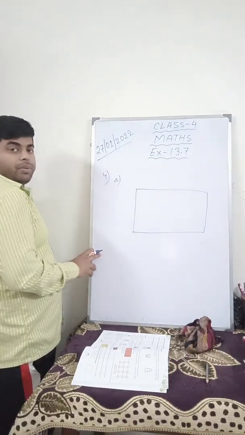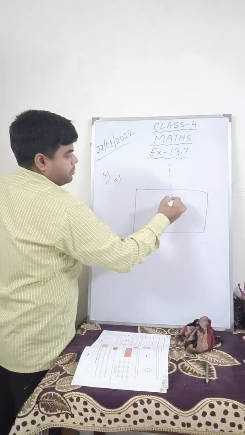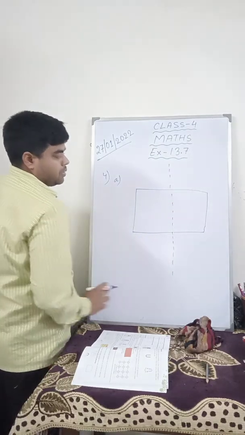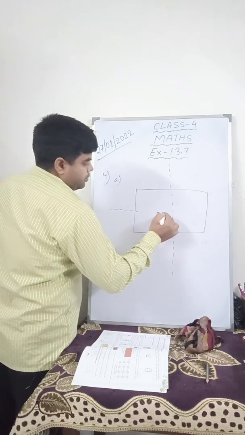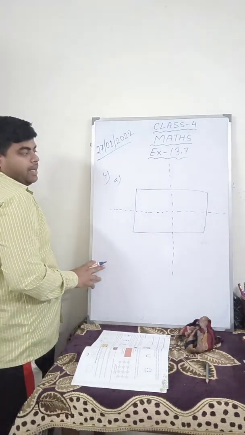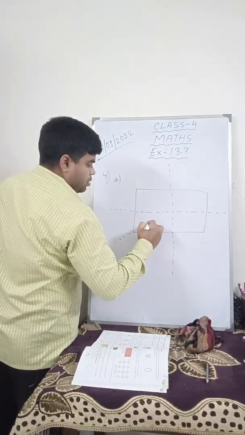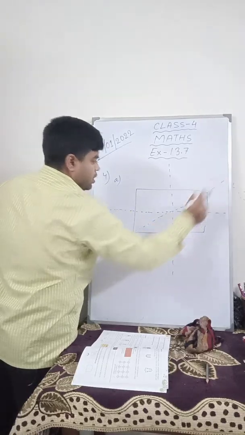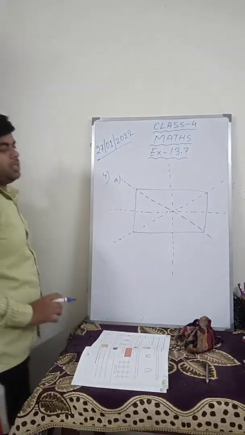So the first line of symmetry will be here in the middle, vertical. Then you have horizontal. Then you have diagonally also. So these are the lines of symmetry.